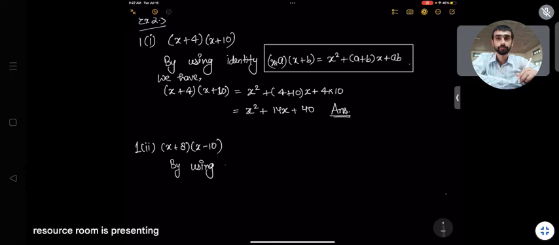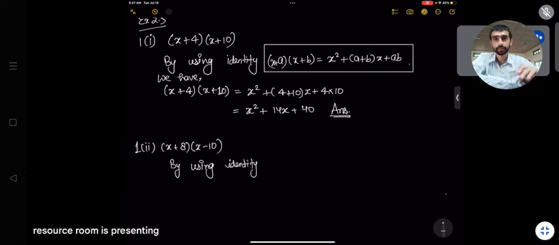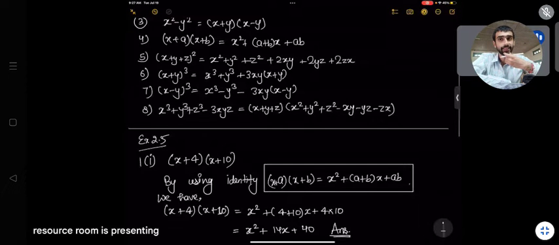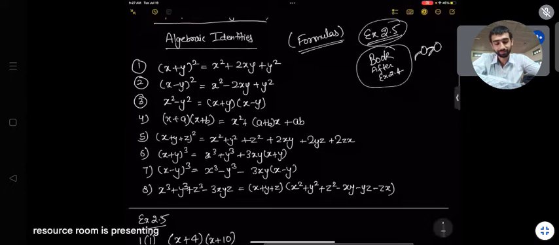See, I gave these identities here. These identities which we discussed, we will use to solve the questions. So now I am asking, for the given question, x plus 8, x minus 10, which identity will be used from these? First, second, third, fourth, which identity will we use? I am asking Birjit now.